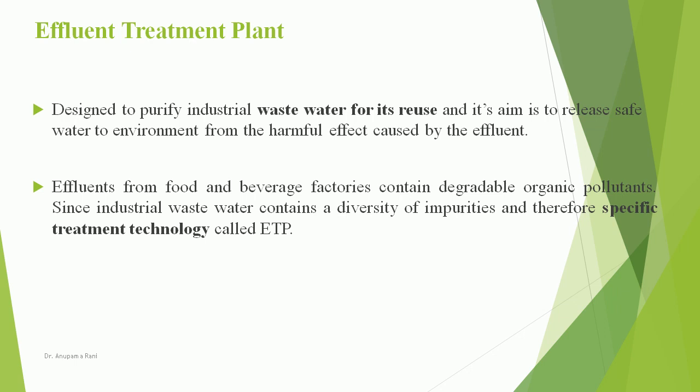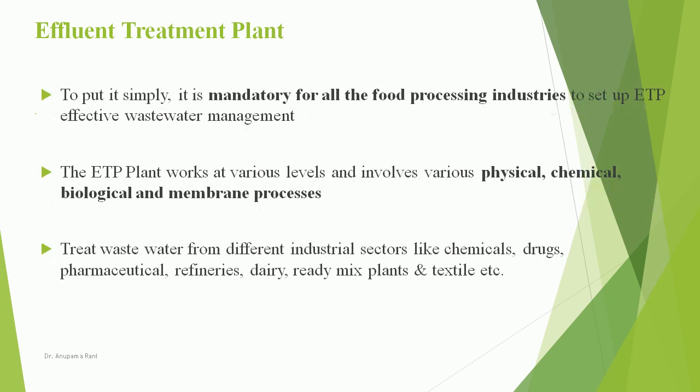Effluents from food and beverage factories contain degradable organic pollutants. Since industrial wastewater contains a diversity of impurities, it requires a specific treatment technology called ETP. To put it simply, it is mandatory for all food processing industries to set up an ETP for effective wastewater management.